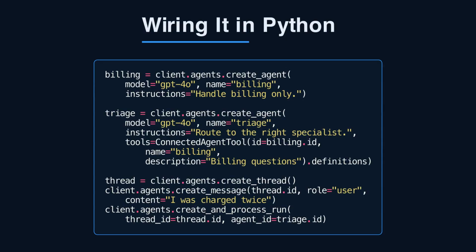When the run completes, the connected agent tool has already executed the specialist for you and merged its reply into the thread. Authenticate with default Azure credential and managed identity, never a hard-coded key. API shapes change, so check the current Azure docs for exact class and method names before you ship.